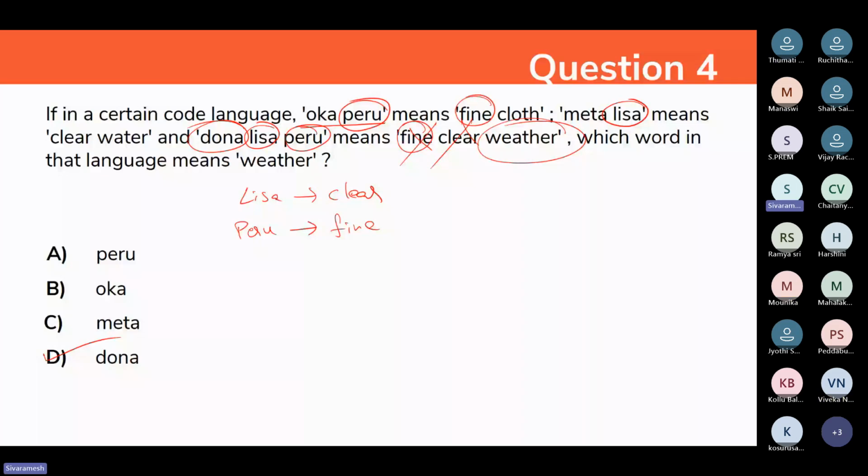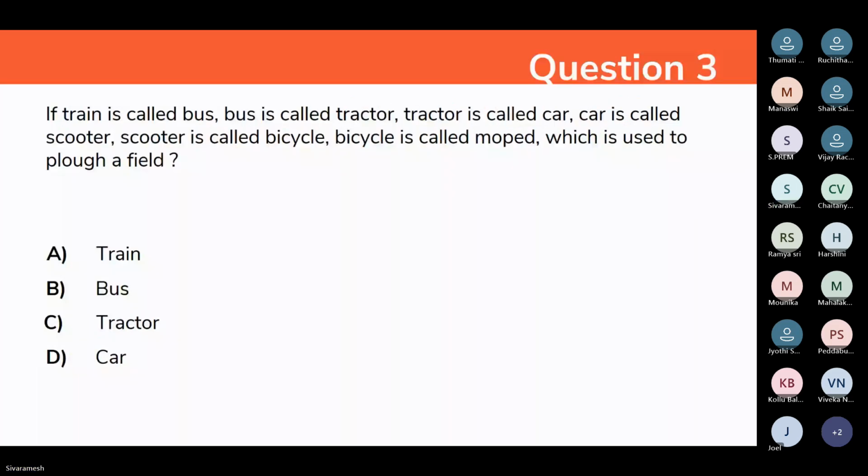Okay. Now we'll move on to the next one. Can you answer this question? If train is called bus, bus is called tractor, tractor is called car, car is called scooter, scooter is called bicycle, bicycle is called moped, which is used to plough a field?